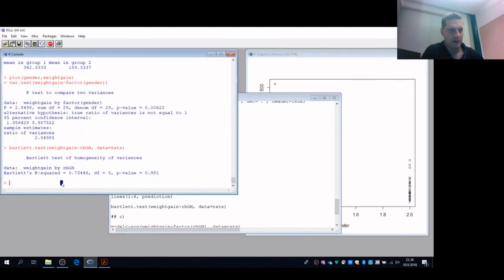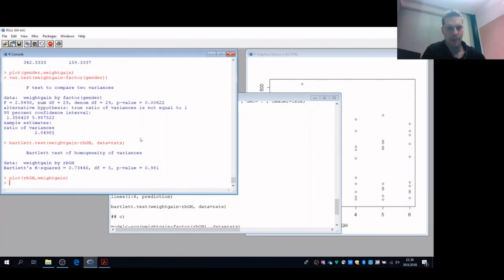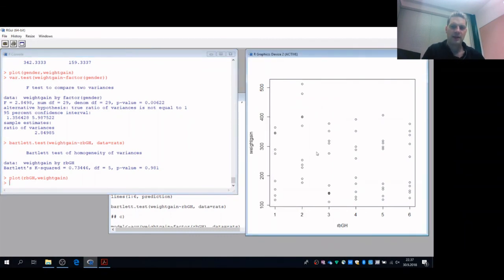For example, we are now looking at plots like RPGH and weight gain as a variable which goes to the y-axis. So the dataset looks like this.